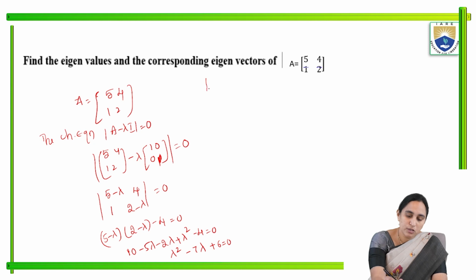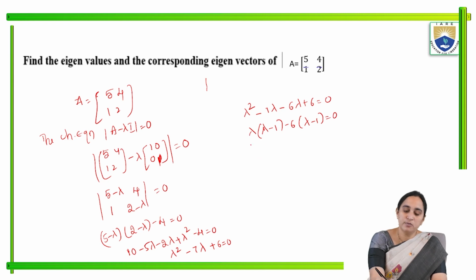For the roots, that is lambda square minus 1 lambda minus 6 lambda plus 6 is equal to 0. Taking lambda common, lambda minus 1, and taking minus 6 common, lambda minus 1 is equal to 0. Therefore, (lambda minus 1)(lambda minus 6) is equal to 0, so lambda is equal to 1 and 6 are the eigenvalues.